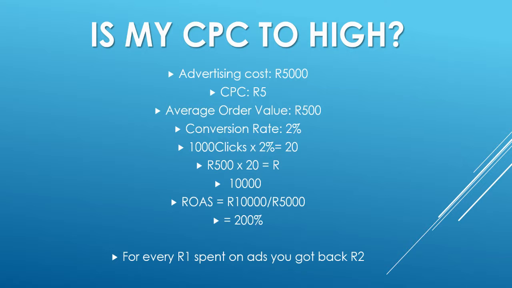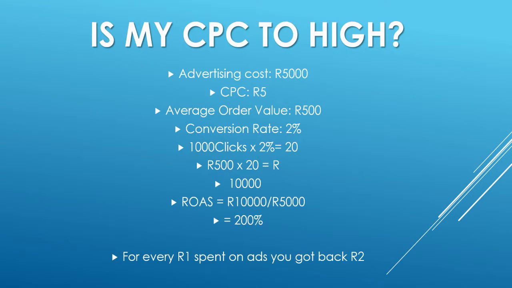You take your 1,000 clicks times a 2% conversion rate, which means you've got 20 orders coming through from this campaign. Your revenue is the 500 Rand order value times the 20 sales, and you end up with 10,000 Rand in revenue from this campaign.